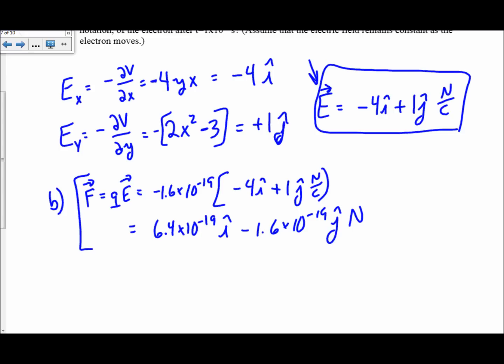That's the first part. Then we need to find the acceleration. That's just the force over the mass. That is this force that we just found over the mass of an electron, which is 9.11 times 10 to the minus 31 kilograms. So that's each of these values divided by 9.11 times 10 to the minus 31.